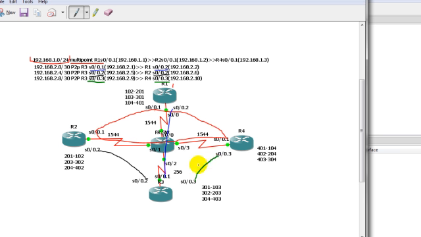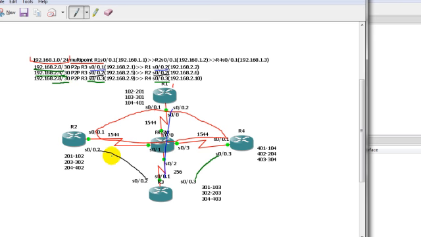So I have 3 virtual circuits, point-to-point sub-interfaces, and each sub-interface for router 3 will have a different network address: 192.168.2.0, 2.4, and 2.8 with subnet mask /30.